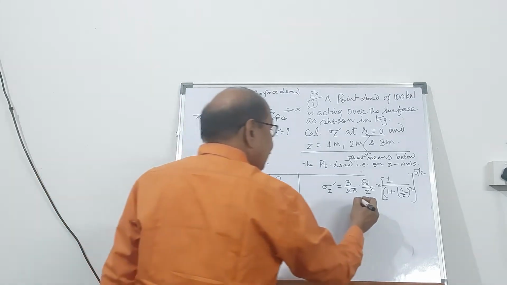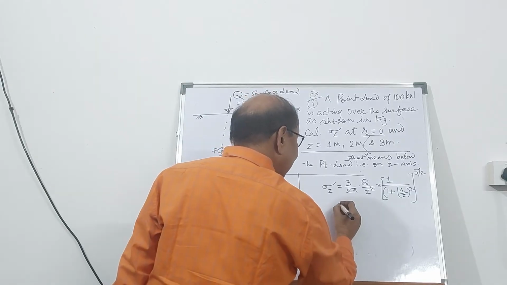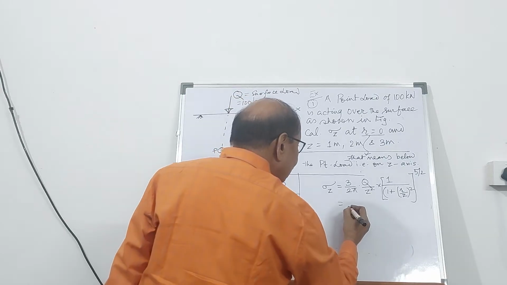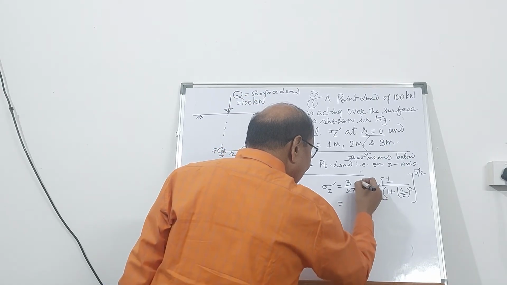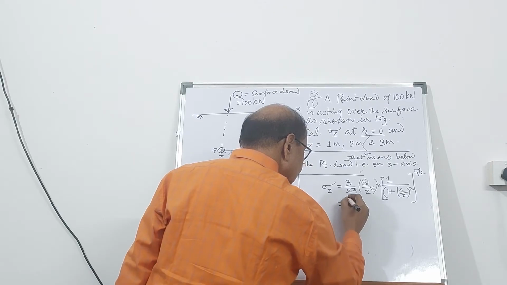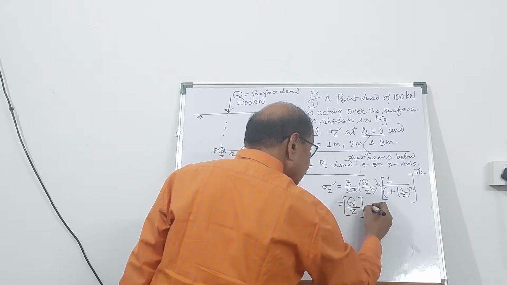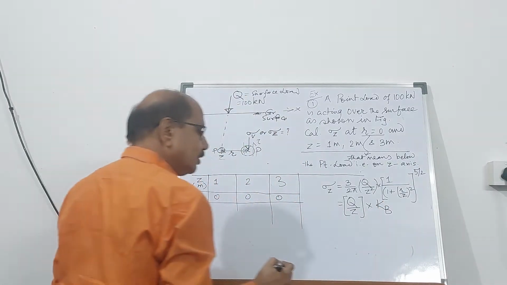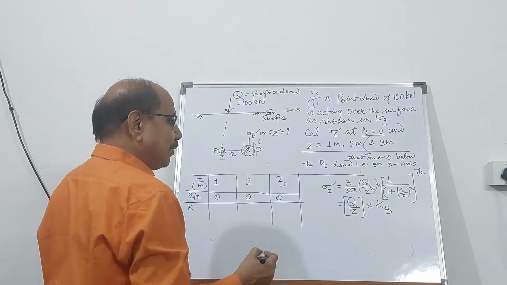Therefore, you can write it in another form as Q by Z square multiplied by the Boussinesq coefficient Kb.